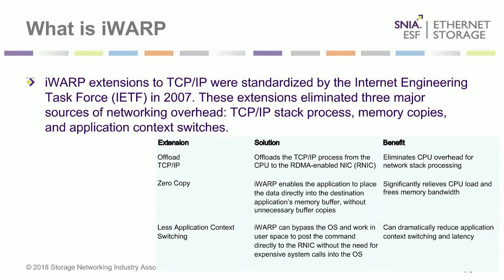The iWARP extensions were standardized by the IETF in 2007. These are extensions to the TCP/IP stack. Mainly these extensions eliminate three major sources of network overhead: TCP/IP stack processing, memory copies, and application context switches. If we look at the table here, by offloading the TCP/IP processing from the CPU to an RDMA-enabled NIC, the so-called RNIC, we can eliminate the CPU overhead for the entire network stack processing.